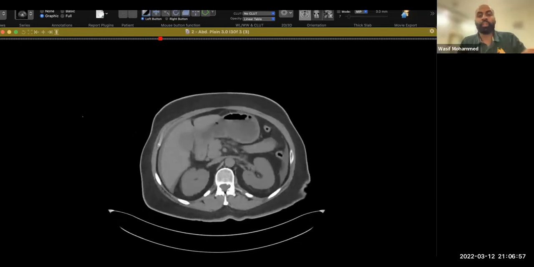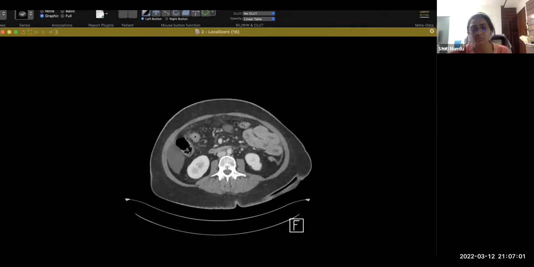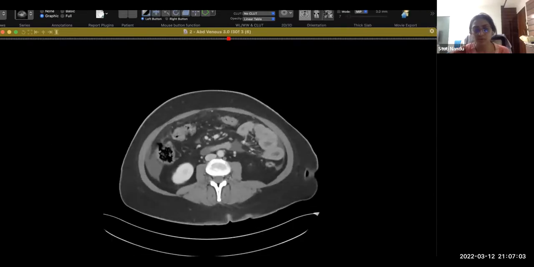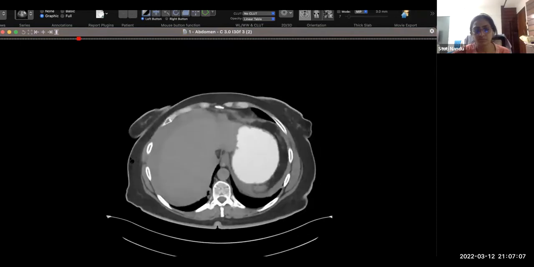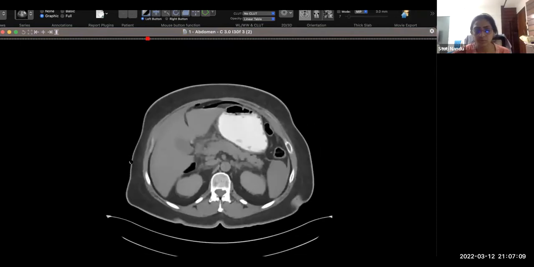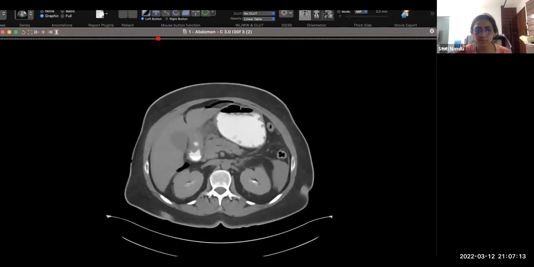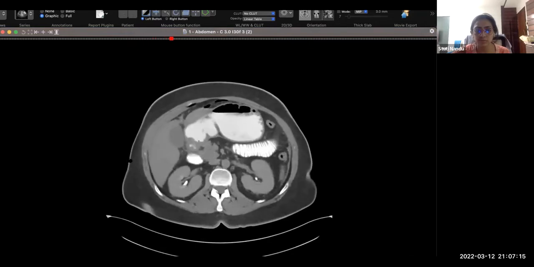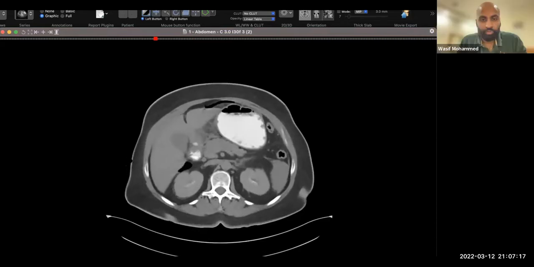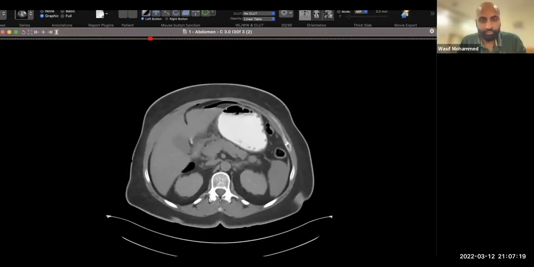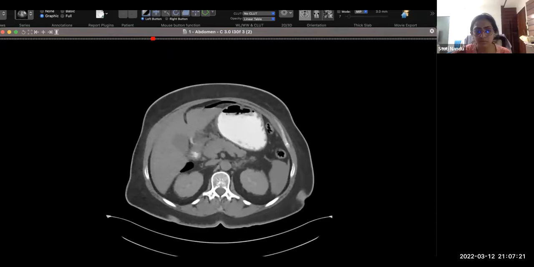Okay, so these are the images. Okay, so I can see that there is... does it confirm your diagnosis?